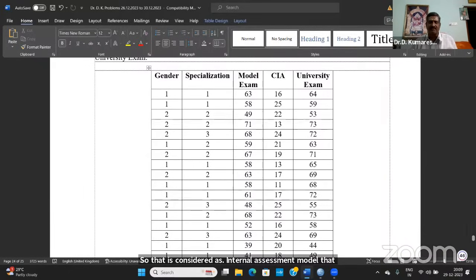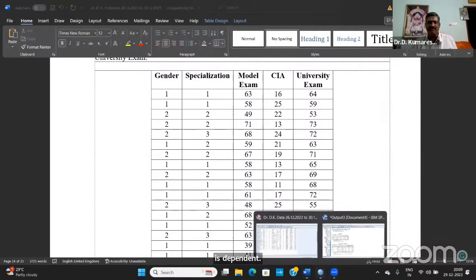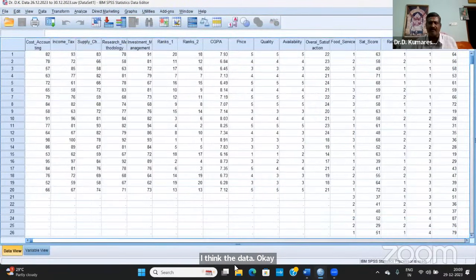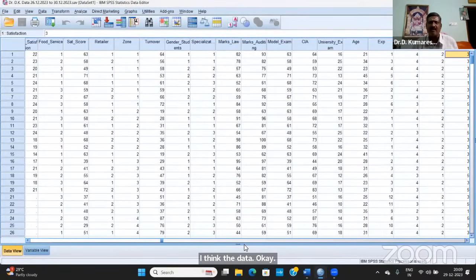I think the data, wait a minute, check the data. This data is wrongly entered.